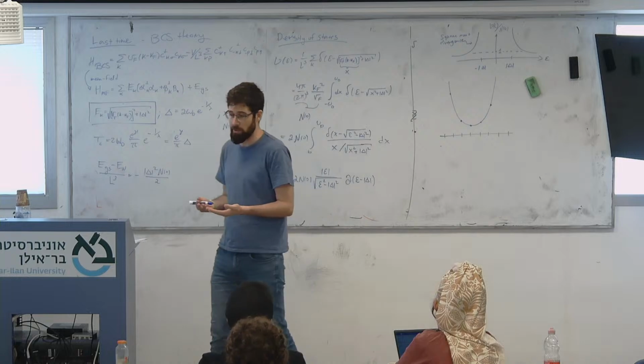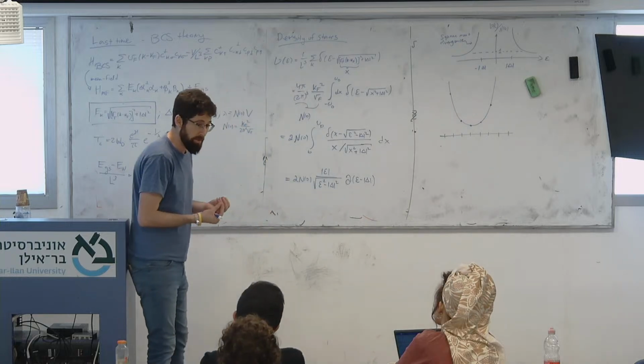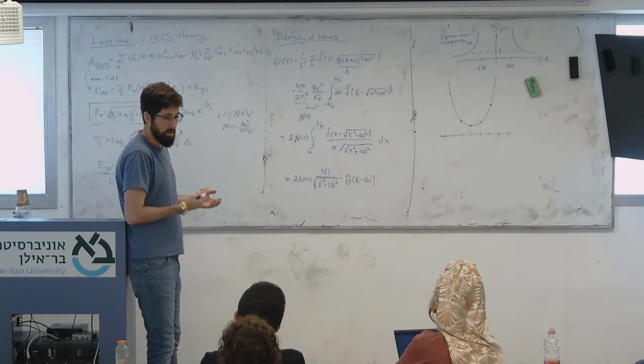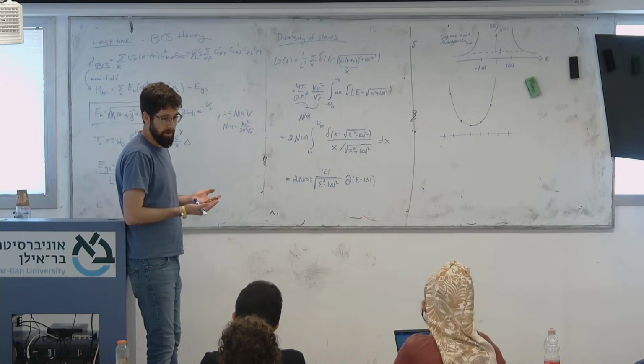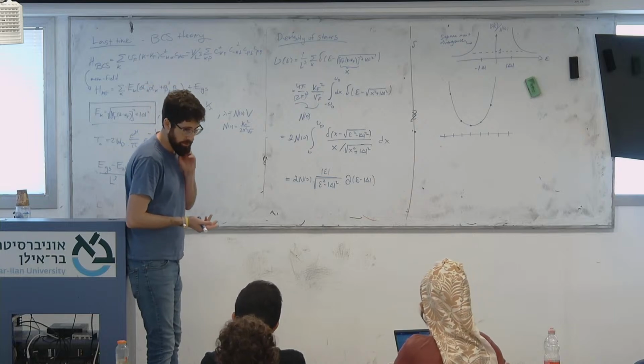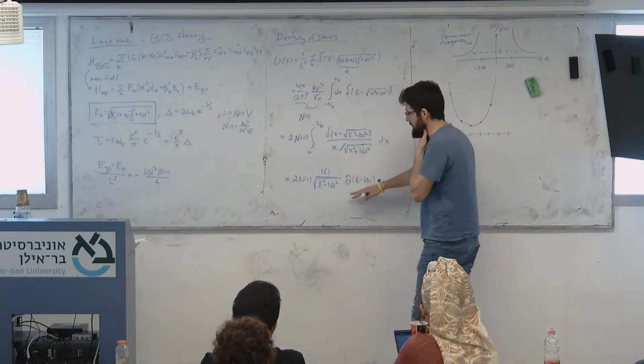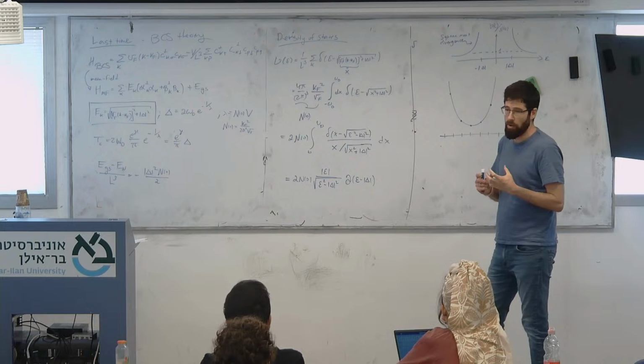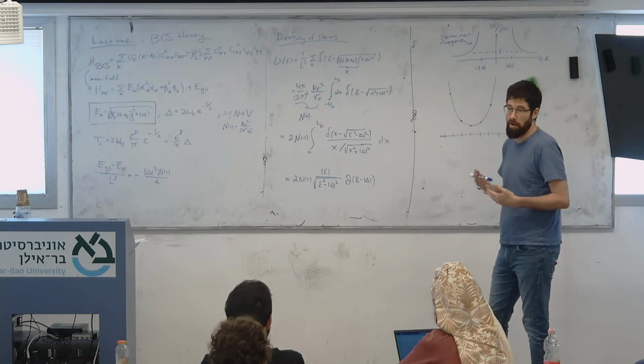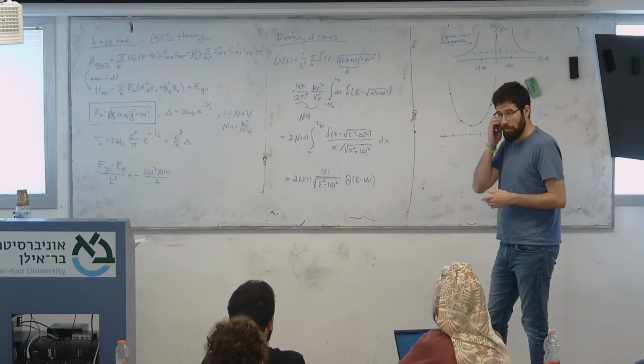For example, if there's a square root divergence, it typically means that the states down there are extremely susceptible, so every small perturbation can cause a modification. In the case of Bogoliubov excitations, it turns out that it's very hard to make them interact with each other. They're very weakly interacting.